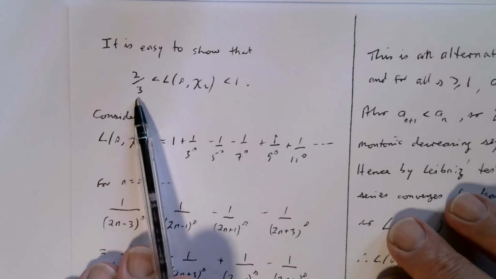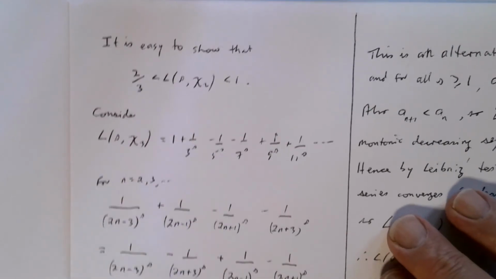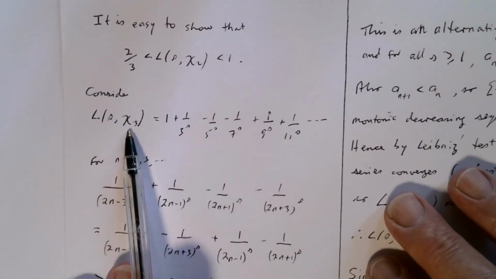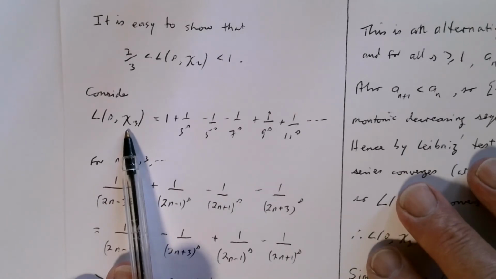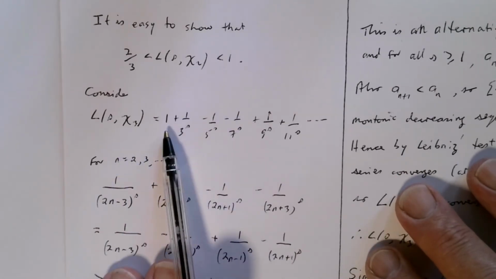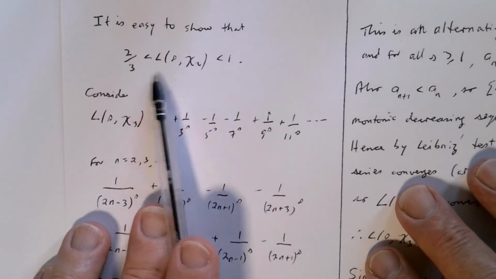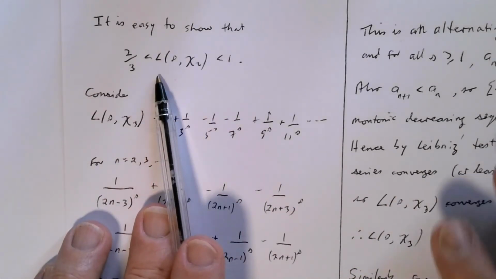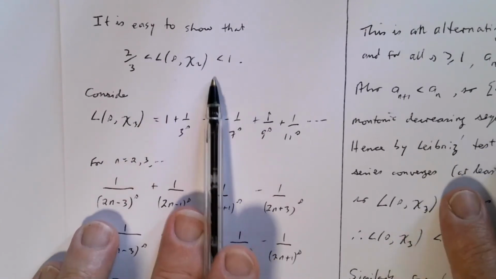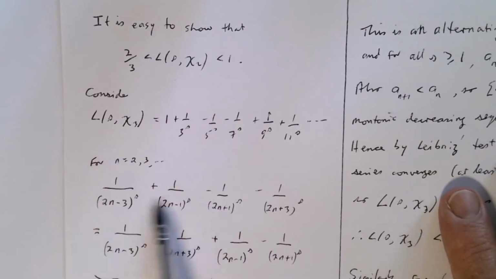I'll leave that as an exercise. For L of s and chi3, the proof of this is very similar to what I did in the earlier section, so you can have a look at that and see how to get this result. Here we write out what the sum is.